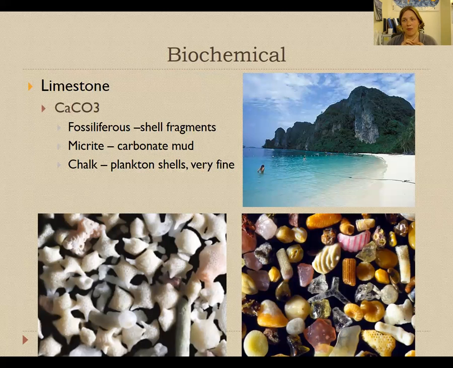Coquina is one example of limestone that has lots of very recognizable shell fragments in it. Micrite is from a mud, a limestone that's ground really finely down into mud, then is cemented. And then chalk, which we use for many other purposes, is a form of limestone, and it is formed from little tiny plankton, very fine plankton, calcium carbonate based shells that get cemented together.